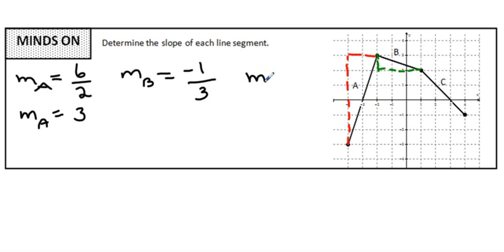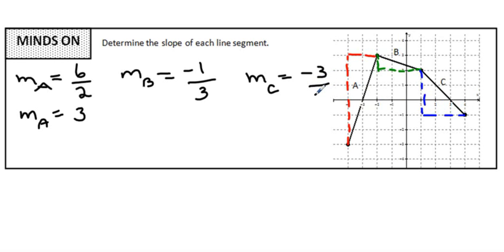And the last one, I'm going to find the slope of C. So that's going to be down and across. Down is 1, 2, 3. So I'm going down 3. That's negative, going down. And then right is 1, 2, 3.